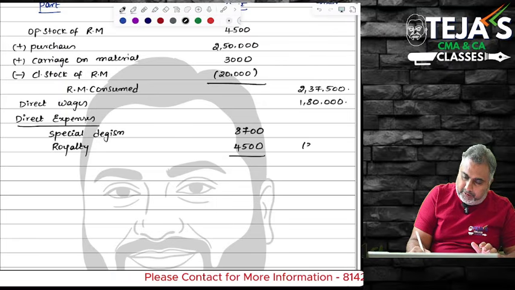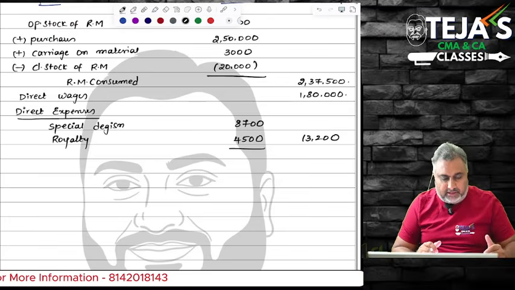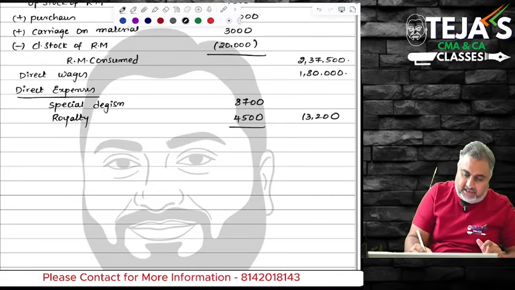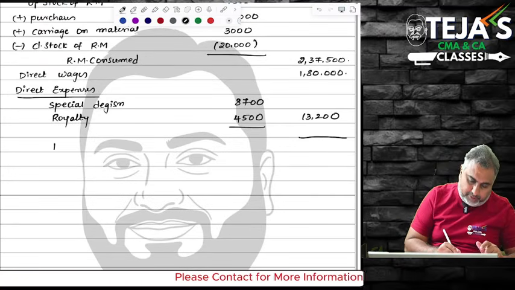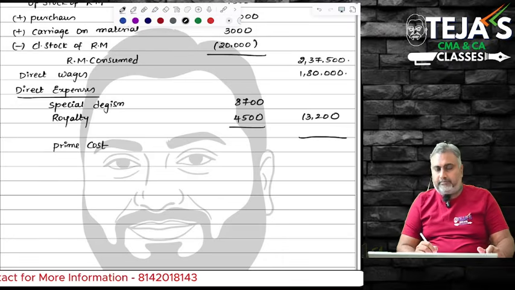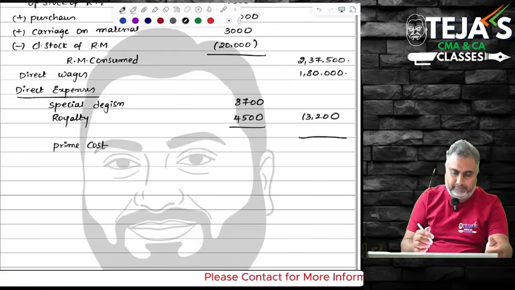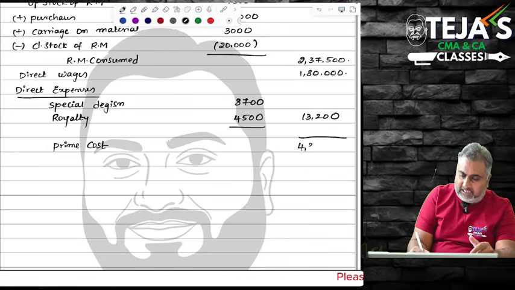Combined, 13,200. After adding raw material consumed plus direct wages plus direct expenses, combinedly we call it prime cost. Total: 4,30,700.